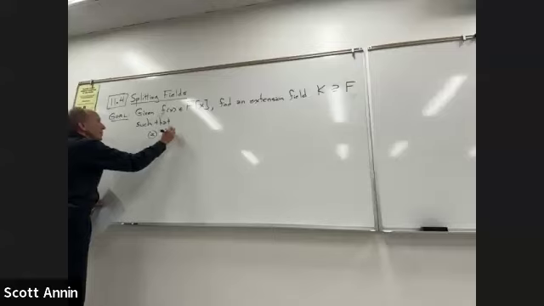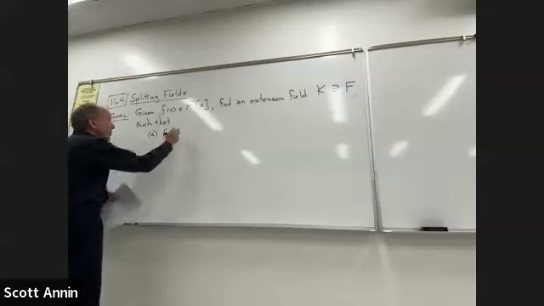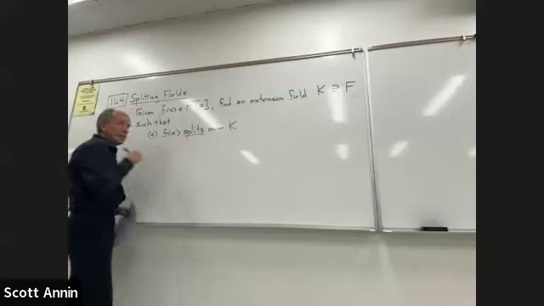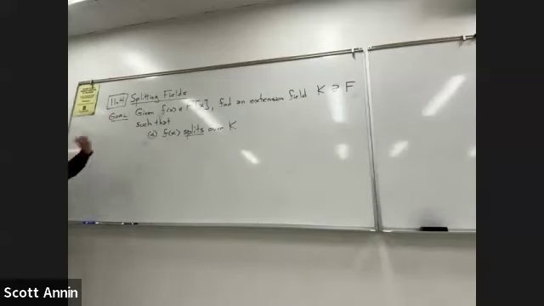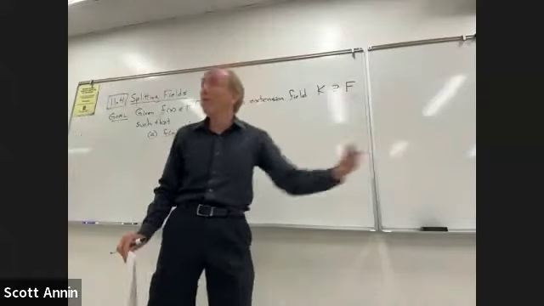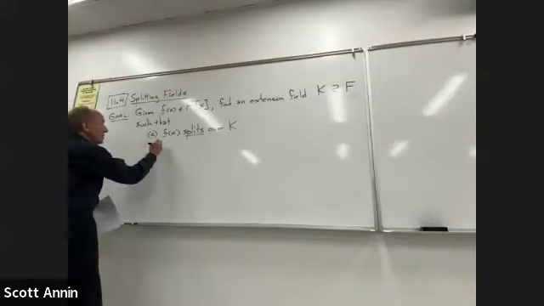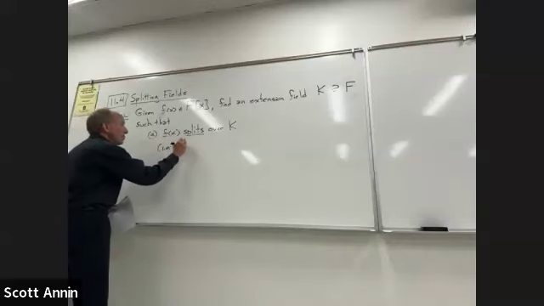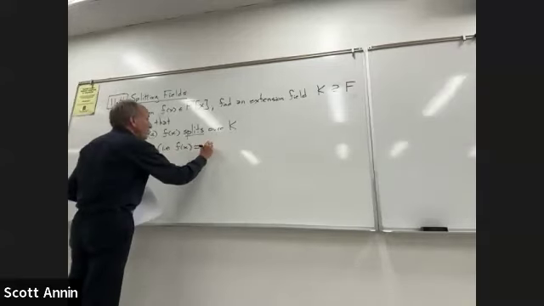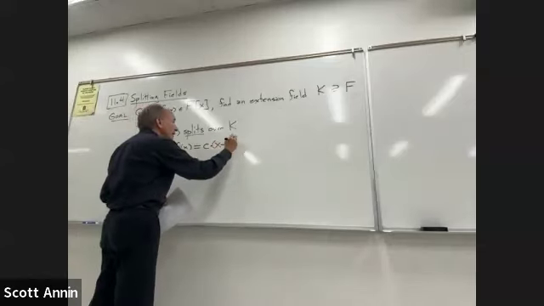The first condition is that we would like for f of x to split over the extension field. So f of x splits over K. Let me explain exactly what that means. It means that you can fully factor f of x down into a product of linear factors. Let me write that out as an expression. F of x should be in the form of some coefficient c times a product of linear factors.